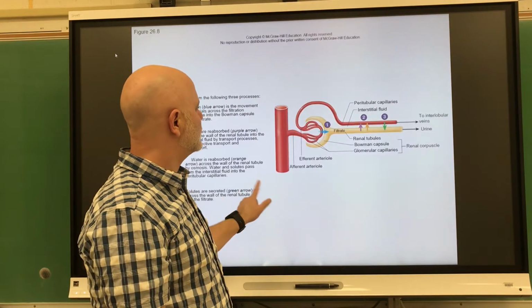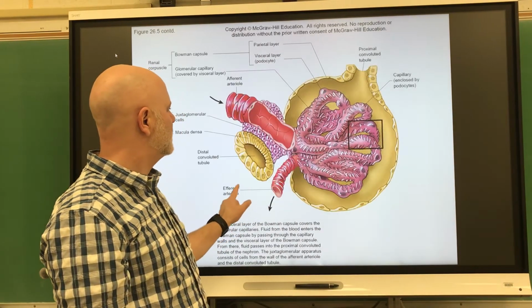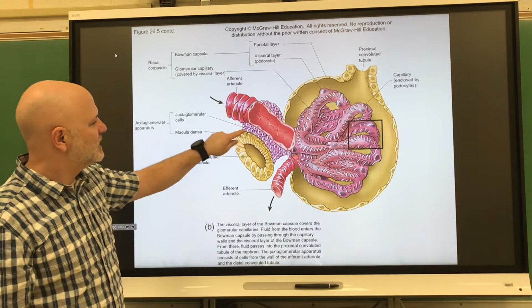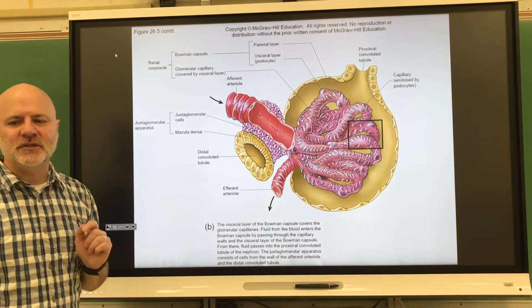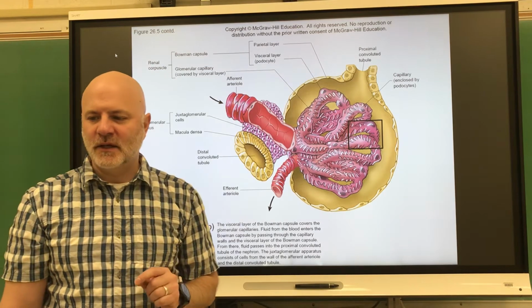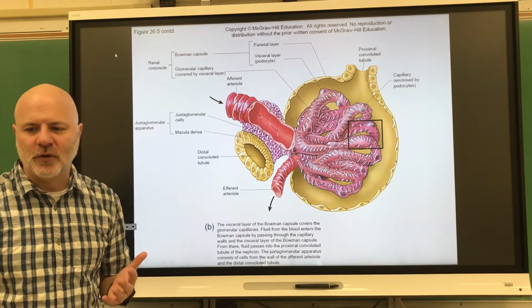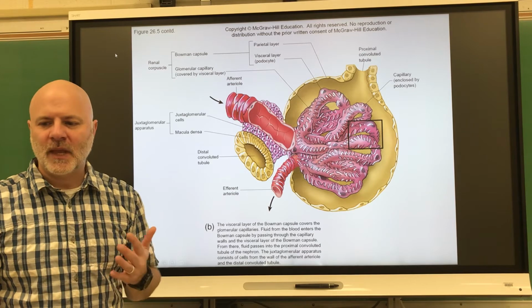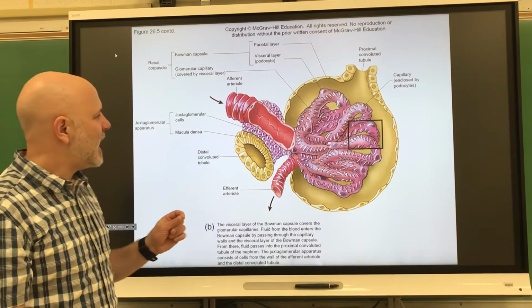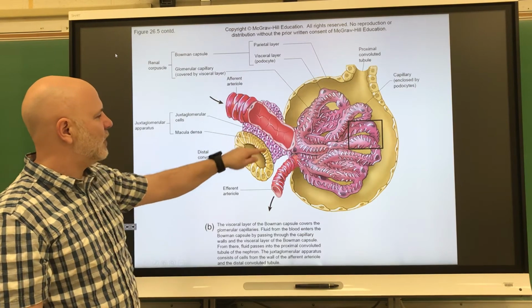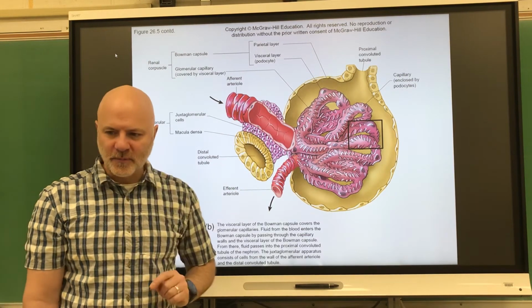Now, another structure associated with this, if we go back to this picture here, we're seeing these cells right here. You can see on the side here, this is known as the juxtaglomerular apparatus. This is a structure that's going to help control the rate of filtrate formation and also systemic blood pressure. It's a mass of cells between the afferent arteriole and the distal convoluted tubule.